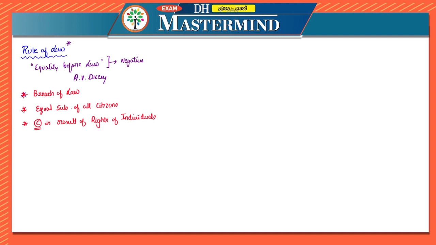This rule of law, which is in Article 14, constitutes the basic structure of the constitution. Now, what is the basic structure of the constitution?